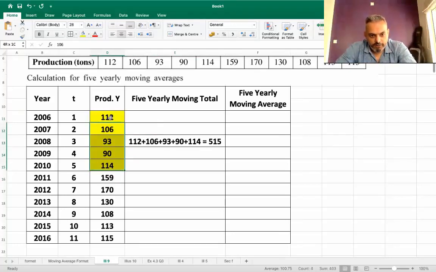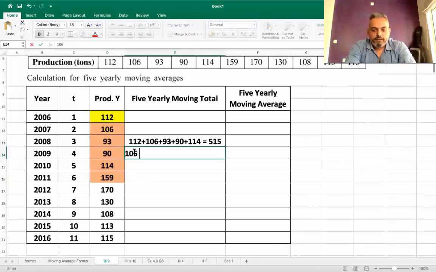Now you do the total of all these. I'll change the color so it becomes easier for you. Now for the total of these 5, you can write 106 plus 93 plus 90 plus 114 plus 159, which is equal to. So one method is this, where you keep on writing all the 5 numbers and do the total.